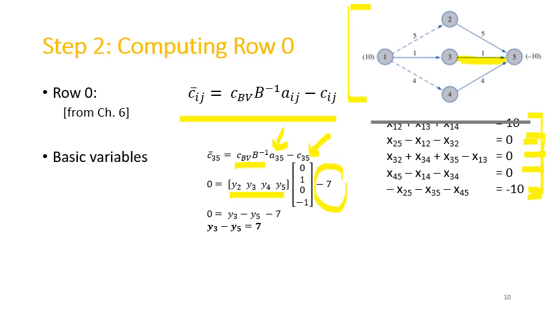So now you just multiply this using vector multiplication. y2 times 0, y3 times 1, y4 times 0, y5 times -1. You get y3 minus y5 minus 7 equals 0. Now I haven't talked about why the left-hand side is 0. Can you guess why?